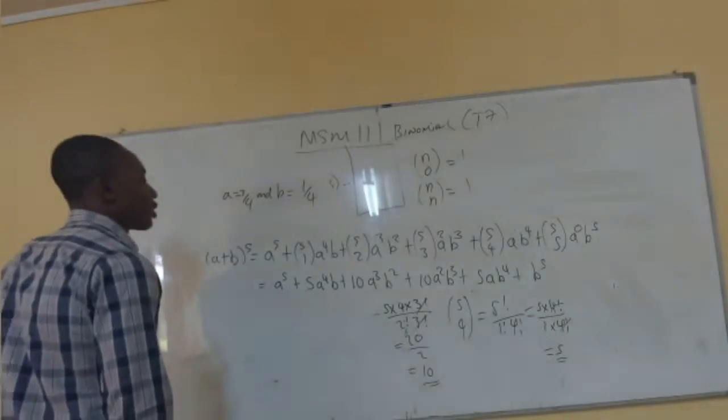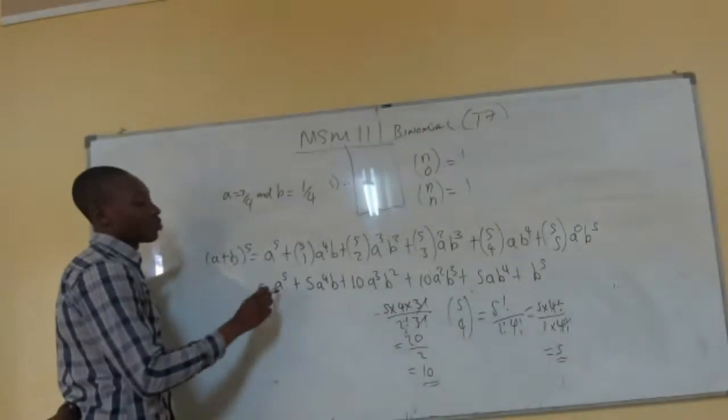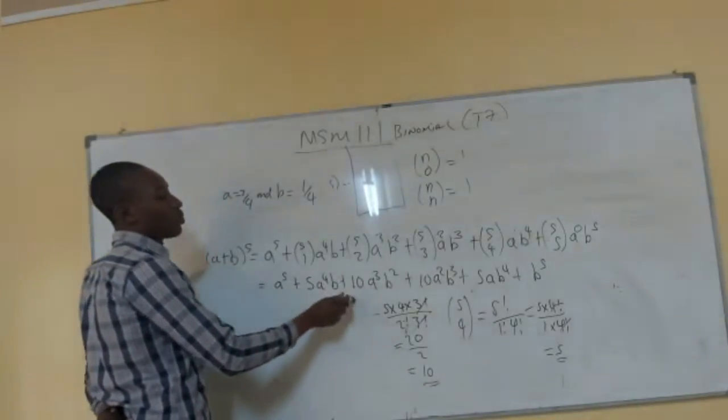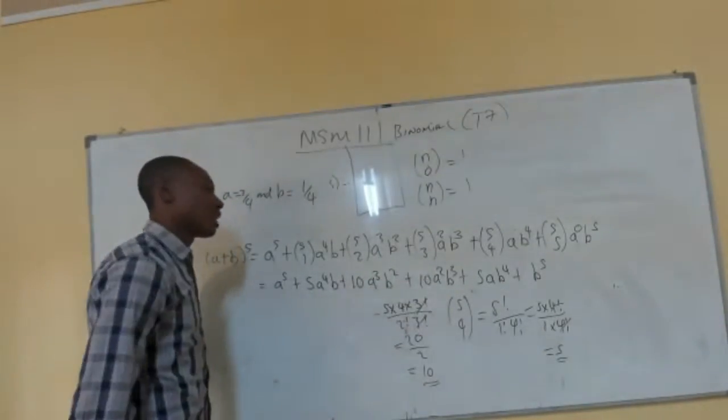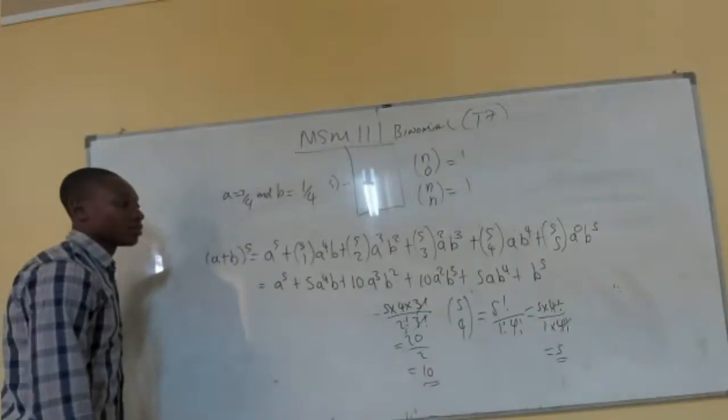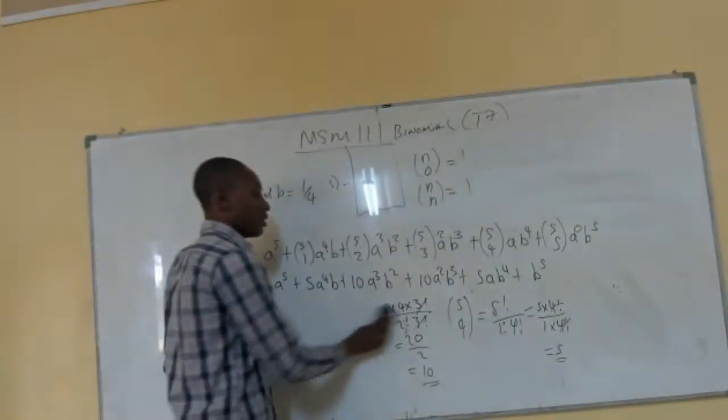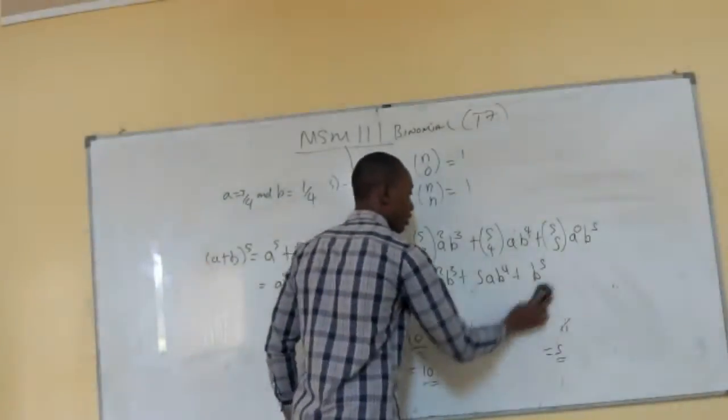So we're going to count how many terms we have: 1, 2, 3, 4. That's the term we are being asked for.